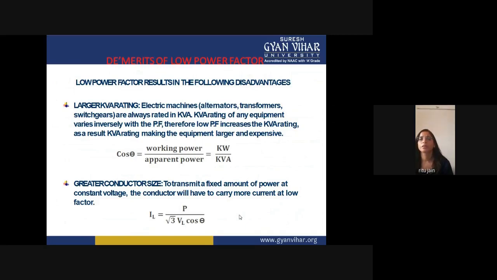And the second is greater conductor size. If your power factor is low, then it will draw a high current, and if it is drawing high current, then you require a greater size conductor. To transmit a fixed amount of power at constant voltage, the conductor will have to carry more current at low power factor.